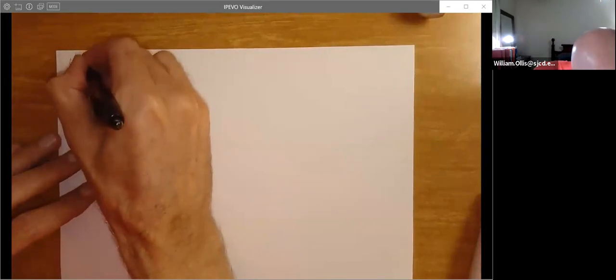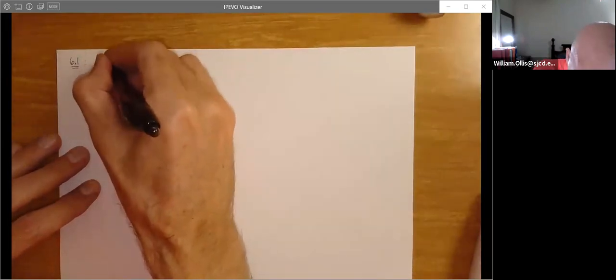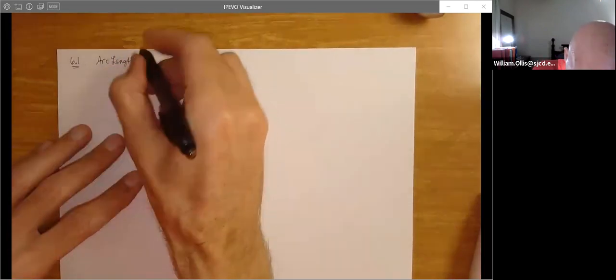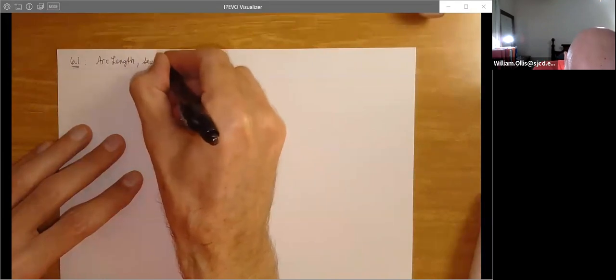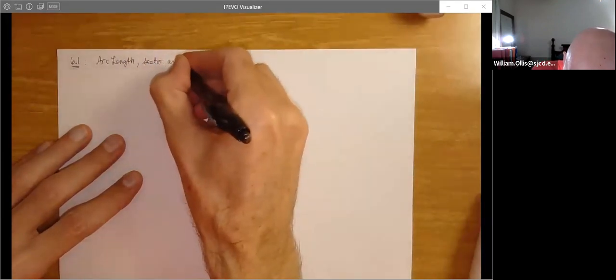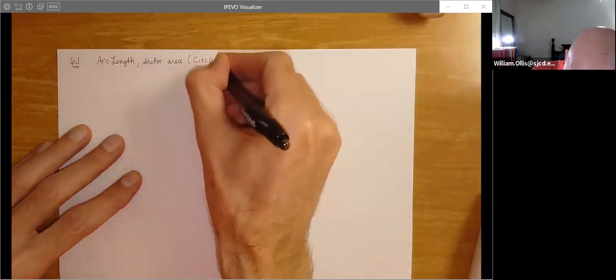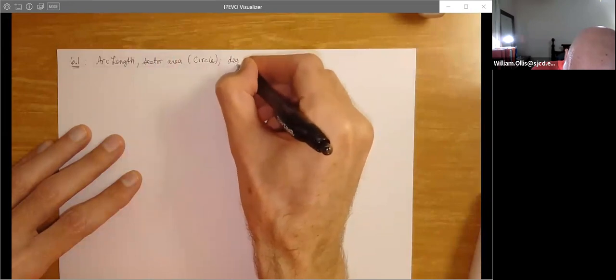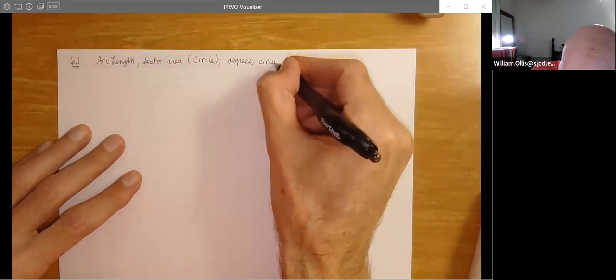So we'll have arc length, and this will be relative to a circle. You will do the more general arc length in calculus 2. Arc length, sector area. And again, the first two will just be relative to the circle, okay? And then we'll talk about degrees, and then maybe a little bit about circular motion.